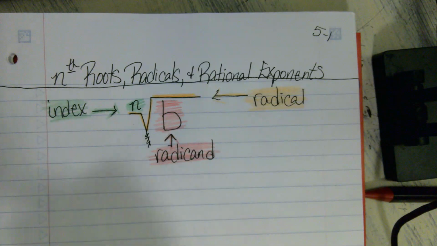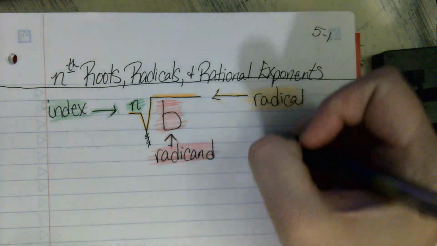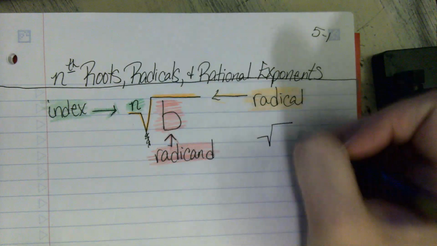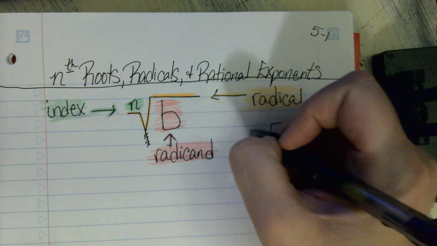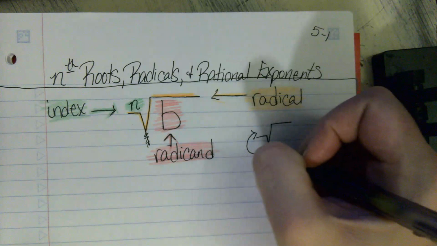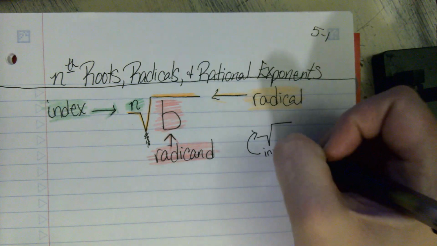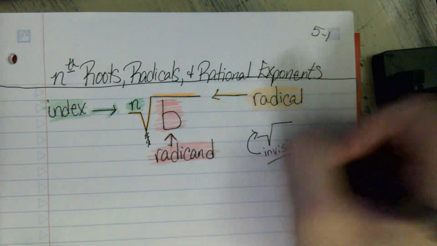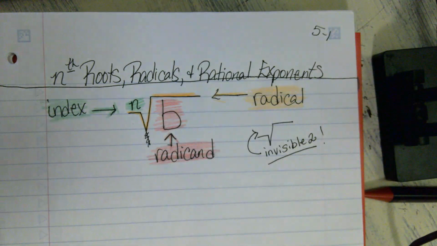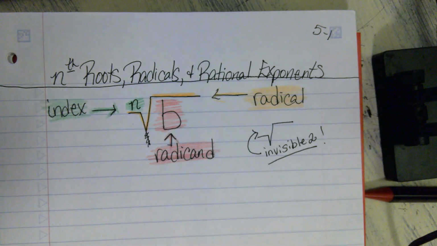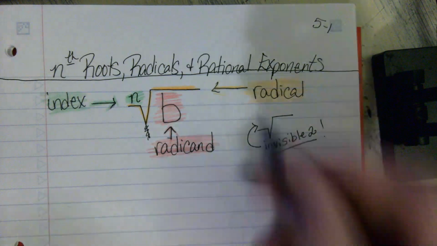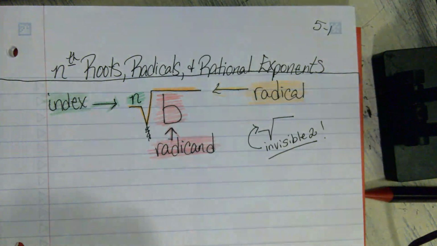Also, if you see one without a number, I'm going to put a little note there: it's an invisible 2, just like we have an invisible 1 in the denominator of whole numbers in fraction form.